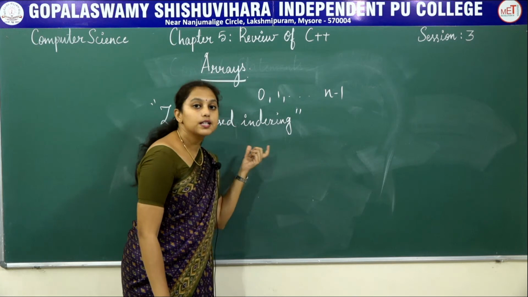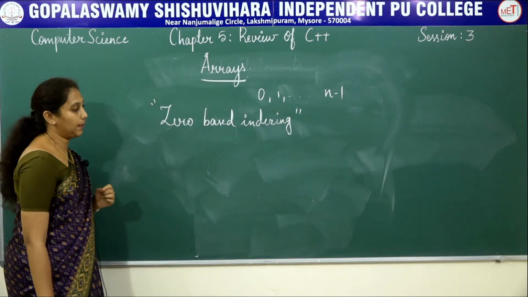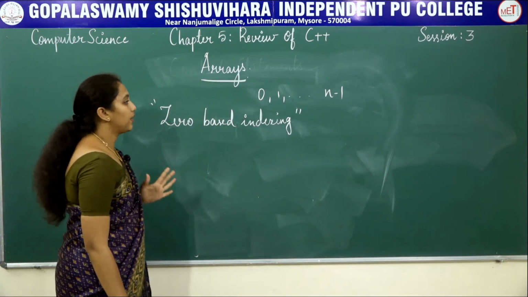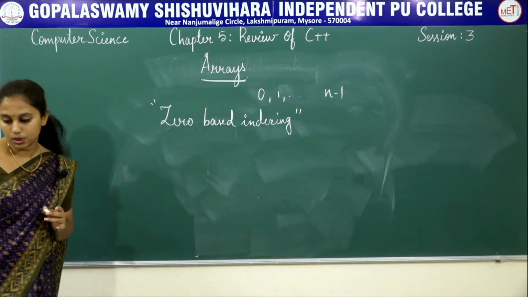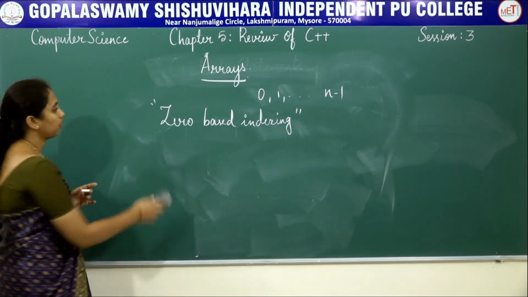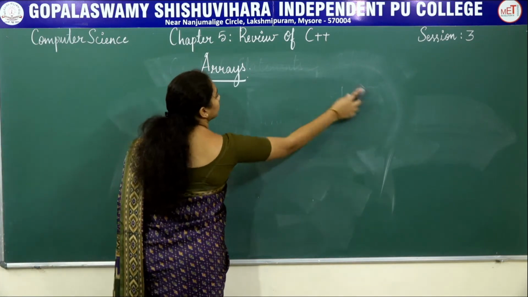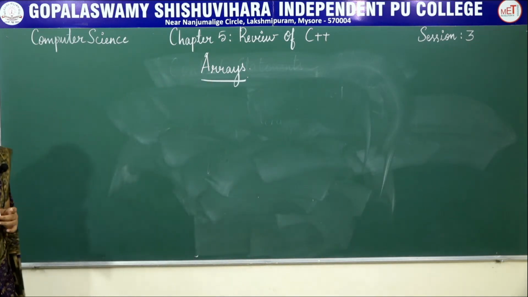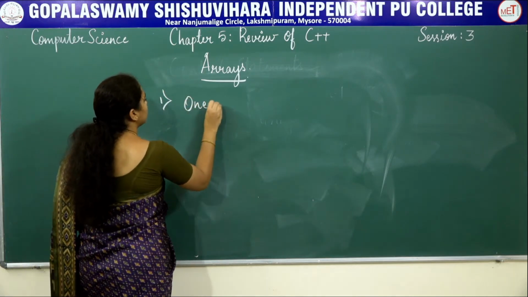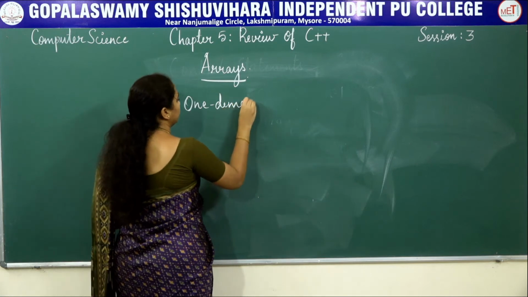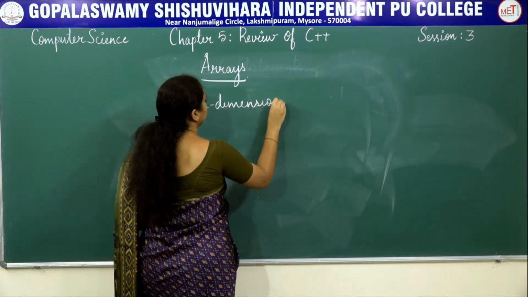In arrays there are three types. The first type is one dimensional array.